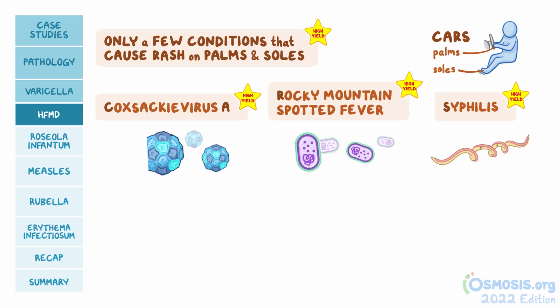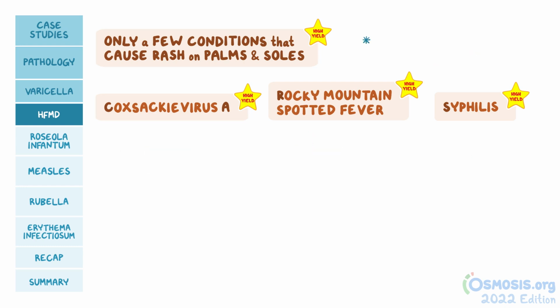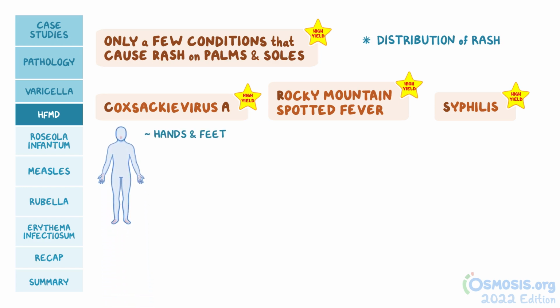Now set these three conditions apart. Check the distribution of the rash. With hand-foot-mouth disease, there's a painful rash distributed on the skin of the hands and feet, and the mucosa inside the mouth.